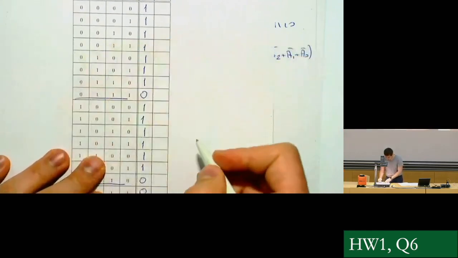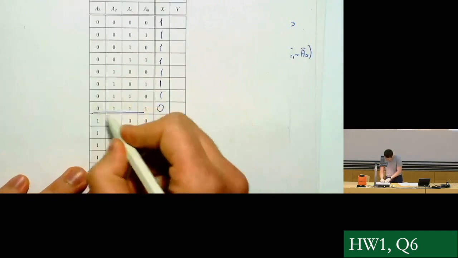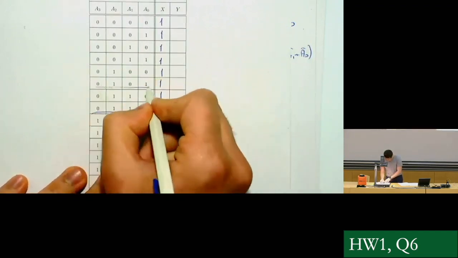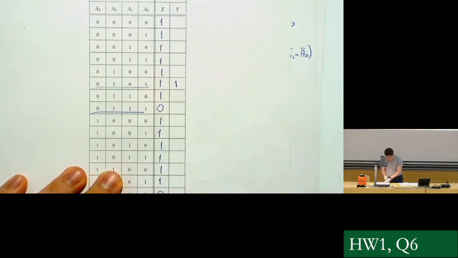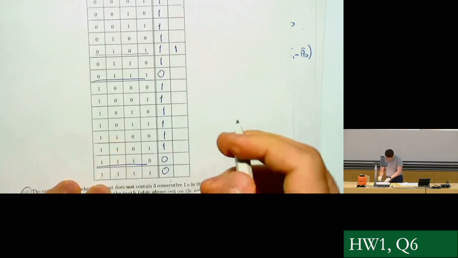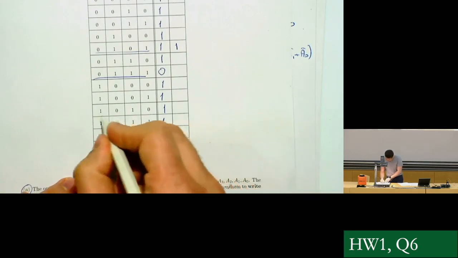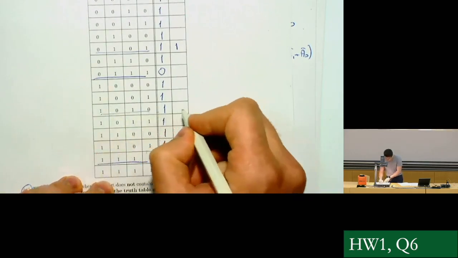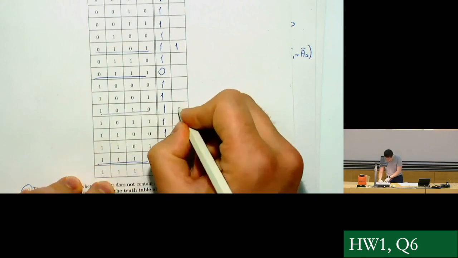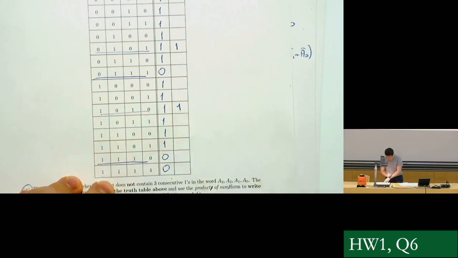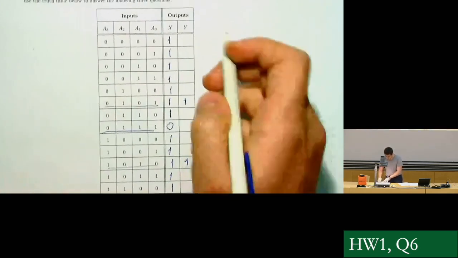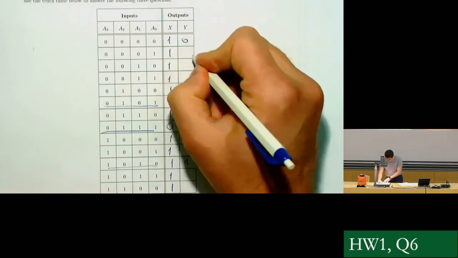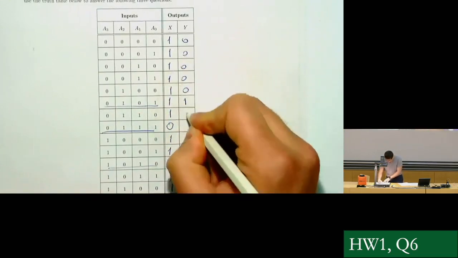So here, I don't have any adjacent input equal to each other, so this should be 1. And here, I also don't have any adjacent input equal to each other, so this should be 1, and the rest should be 0, because for the rest of the cases, I will have at least two adjacent inputs equal to each other. So the rest is 0.